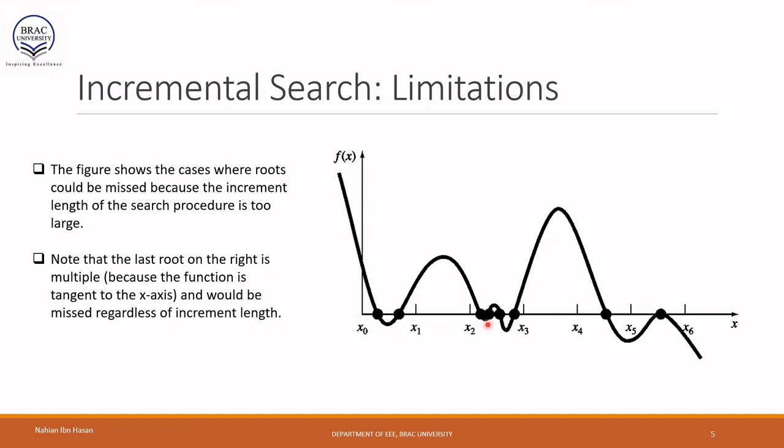That's why incremental search has some limitations. For these cases, the step size should be smaller than the distance between these two roots. So we have to be careful about implementing incremental search and the step size.